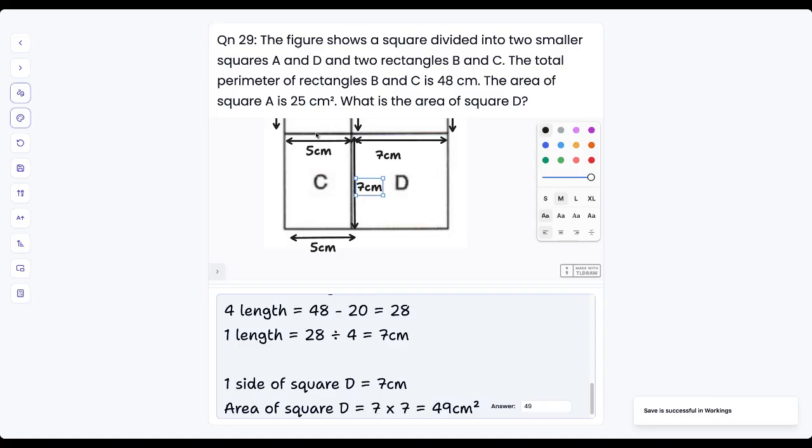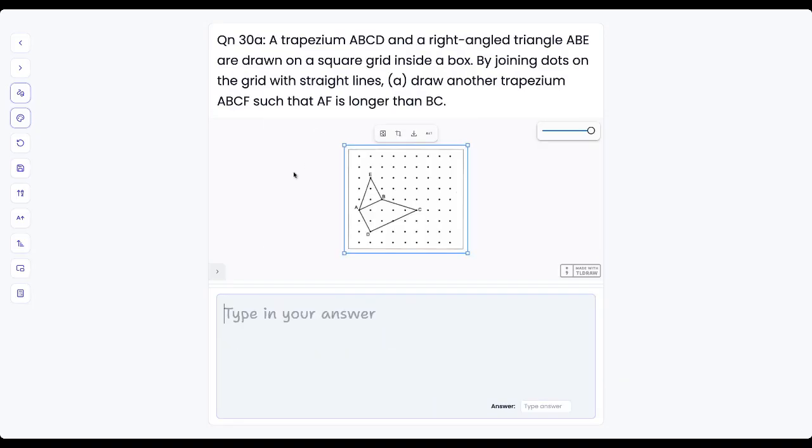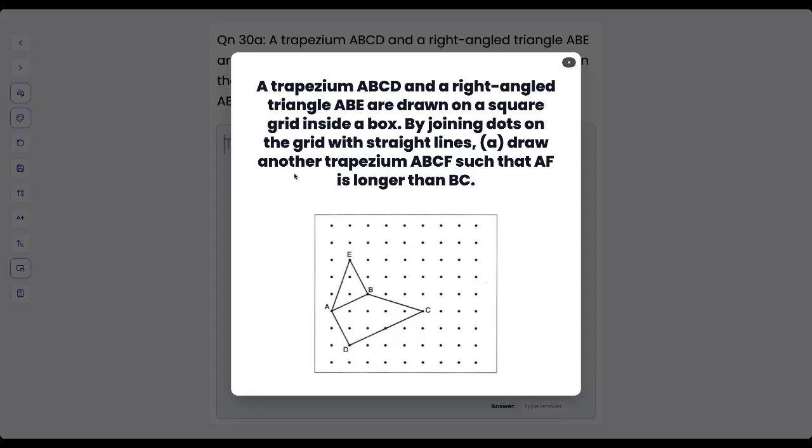Alrighty. Let's move on to question 30A. A trapezium ABCD and a right angle triangle ABE are drawn on the square grid inside the box. By joining dots on the grid with a straight line, draw another trapezium ABCF such that AF is longer than BC. So what we need to draw is a trapezium.